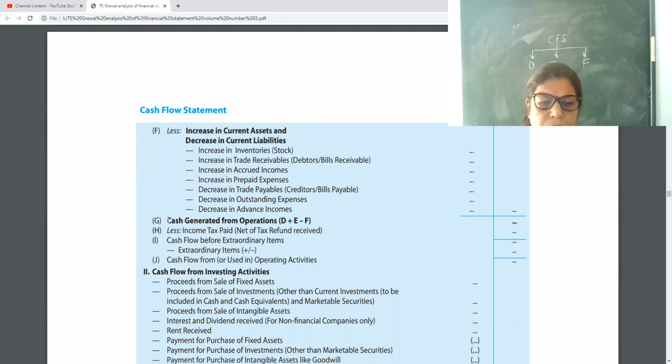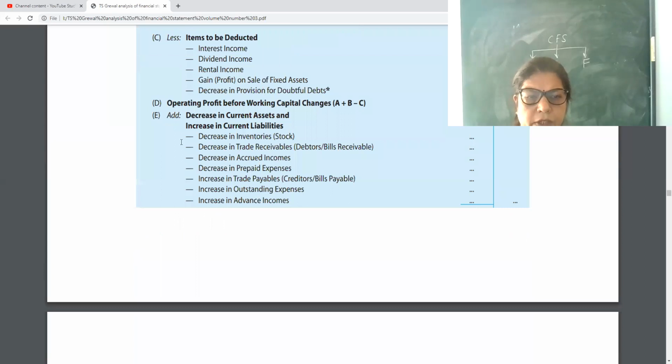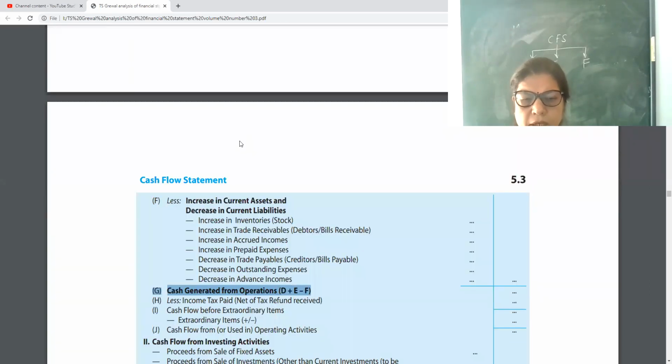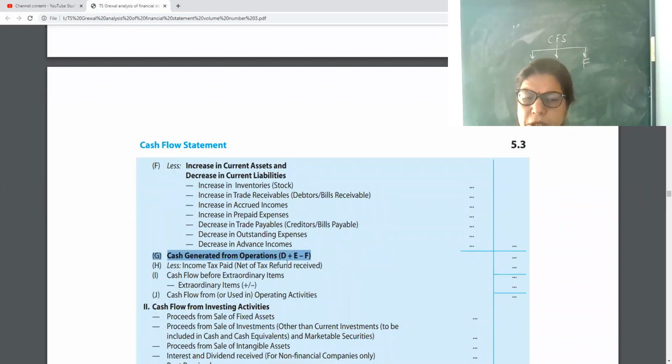Then you will get this answer, and this will be known as cash generated from operation. Note down this one: OPBWC square plus DCA, ICL, minus ICA, DCL. Then you will get cash generated from operation.